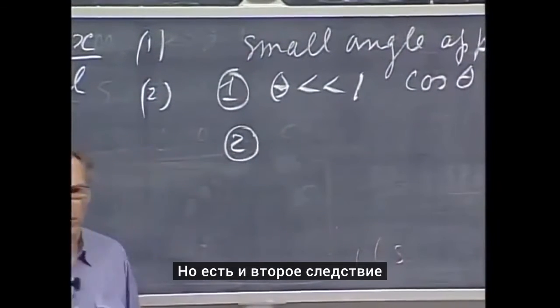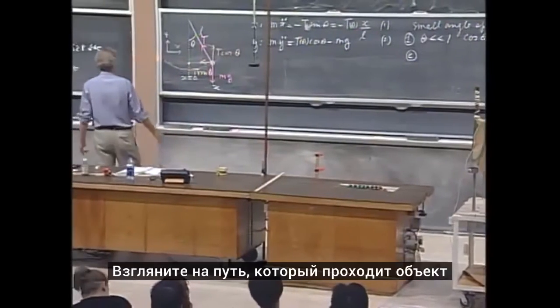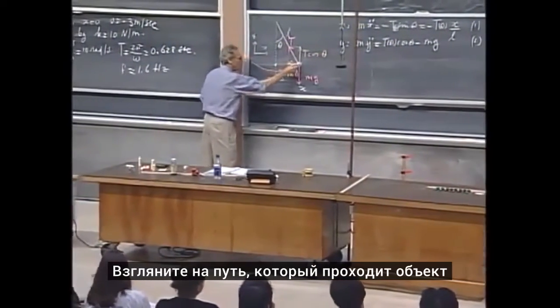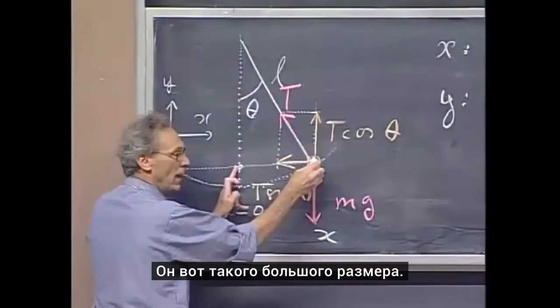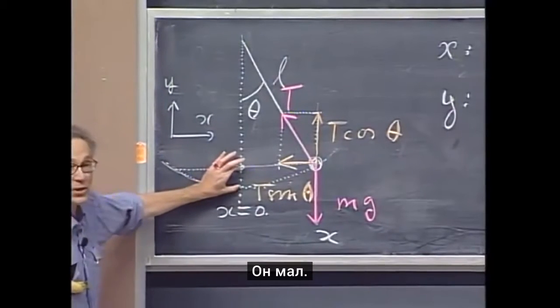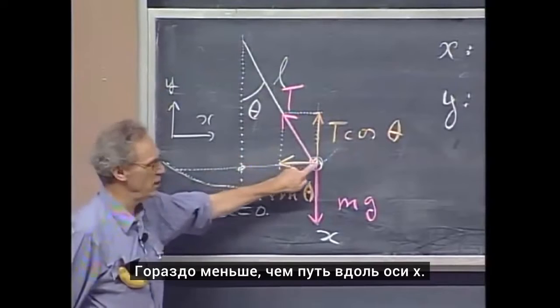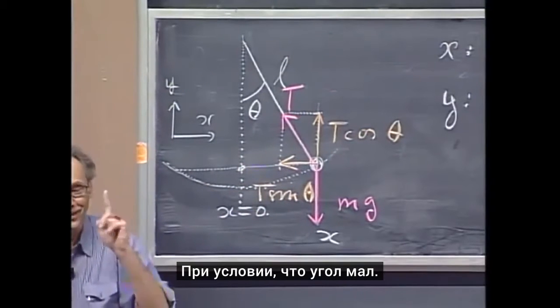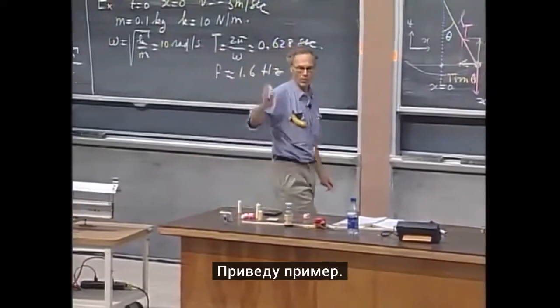But there is a second consequence of the small angle approximation. Look at the excursion that this object made from equilibrium in the x direction. That's this big. Look at the excursion it makes in the y direction. It's this small. It's way smaller than the excursion in the x direction, provided that your angle is small. I'll give you an example.